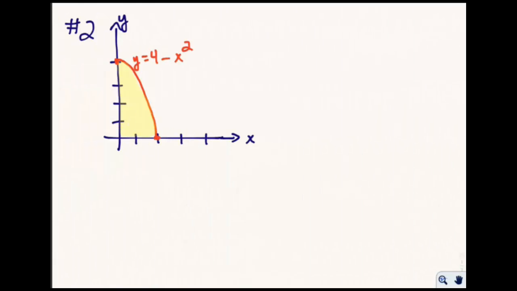For the first example, we're going to find the volume of the solid revolved around the x-axis that is created by the bounds y equals 4 minus x squared, which is this parabola, and the x-axis, and we're going to find it for the interval from 0 to 2. So my formula says that the volume equals pi times the integral from a to b of my r of x squared dx.